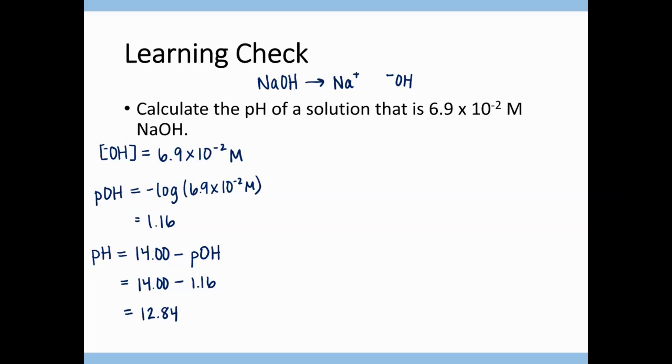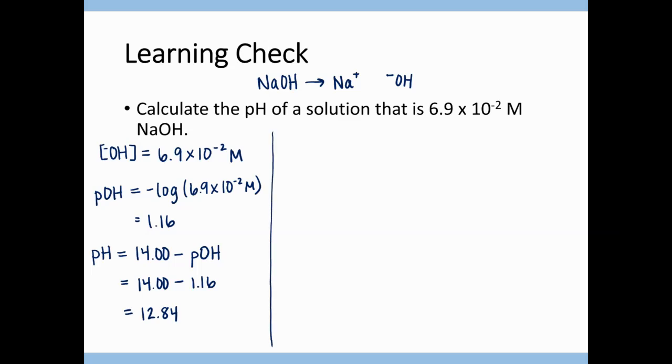So using pOH, or using concentration of OH, we calculate pOH, use the pH plus pOH relationship to find pH. Okay, so that's one method.